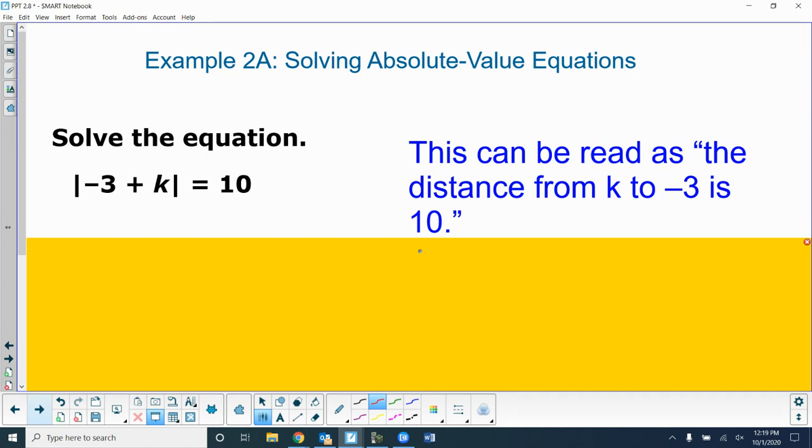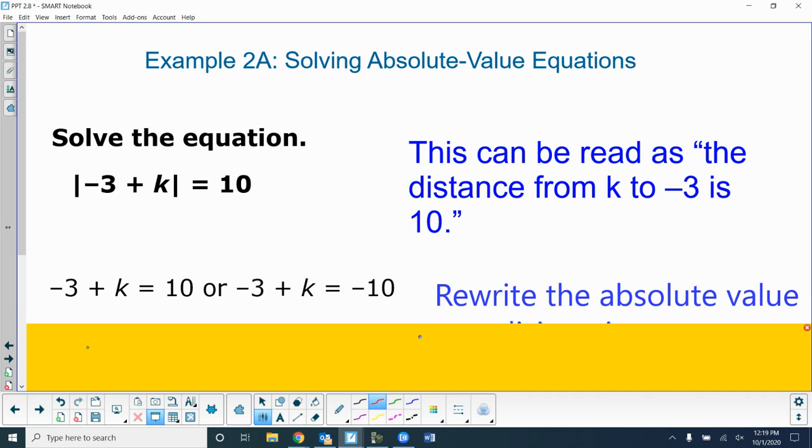Drop the absolute value sign. Negative 3 plus k is 10. That's one of them, what's the other one? Positive 3 plus k. No, that doesn't change. What's that change to? Negative 10. That's all you gotta do. This is a mistake some kids make because they're not paying attention at this point.